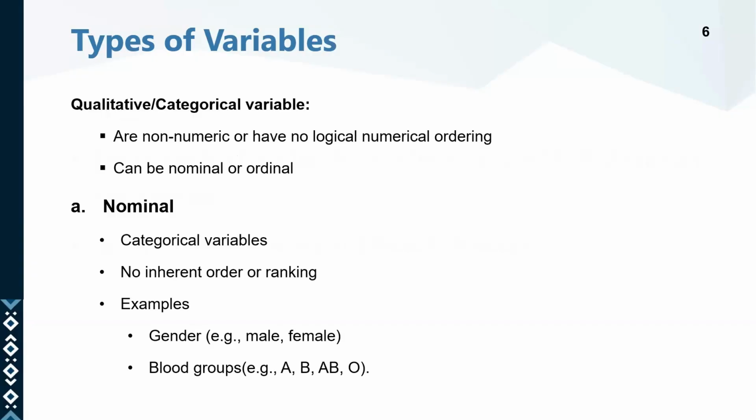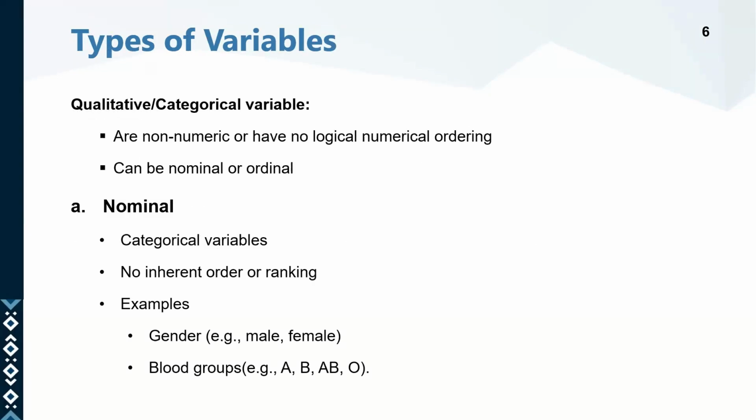And qualitative variables are those that are non-numeric or have no logical numerical ordering. And they also have two subtypes. That means they can be nominal or ordinal. Nominal when there is no order or ranking of the variables, they are not really in order.